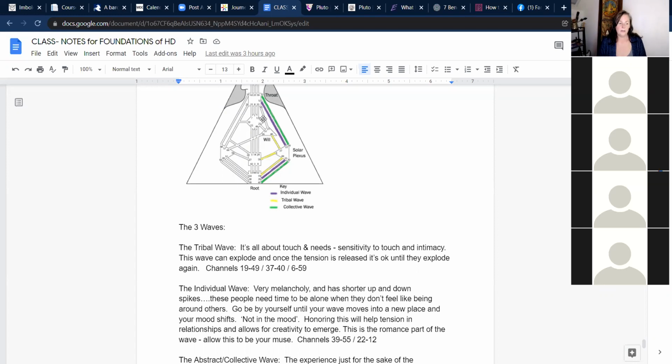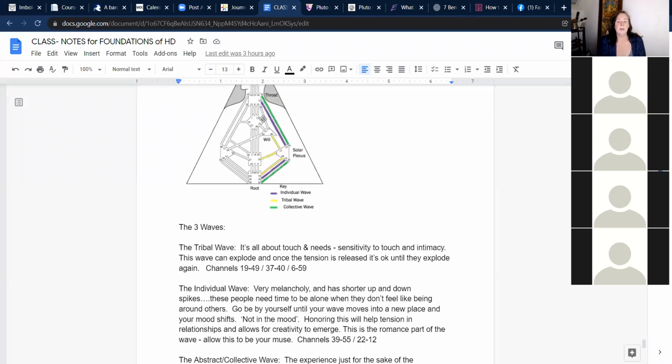And it's pretty even keel for the most part, but when it's up, it's up. And when it's down, it's down. And when it's down, realizing that one of the clues is that you're just not in the mood to be around people. Like you're just not in the mood to be social at all.